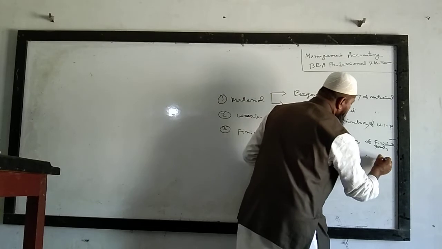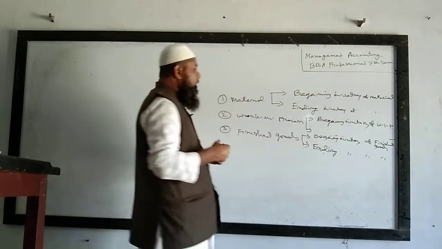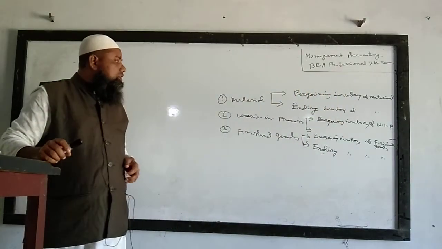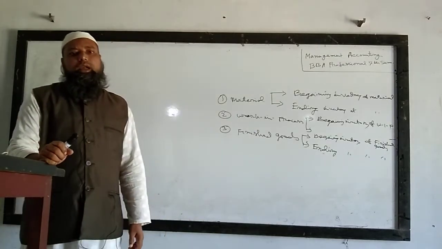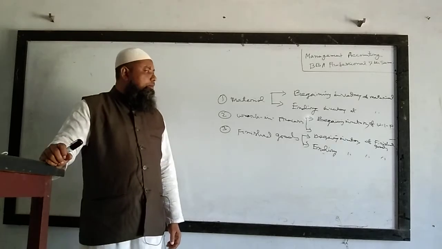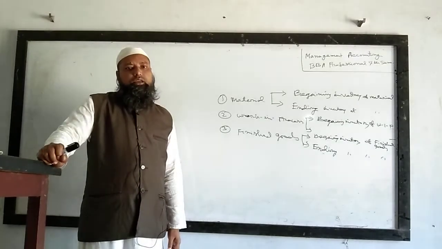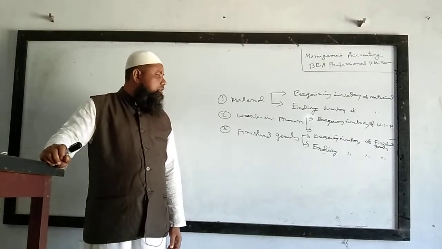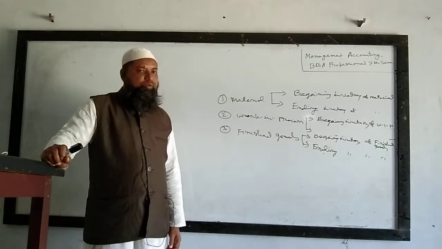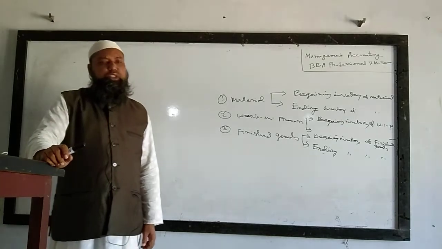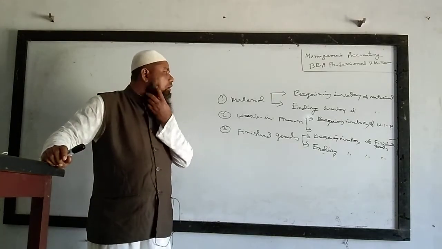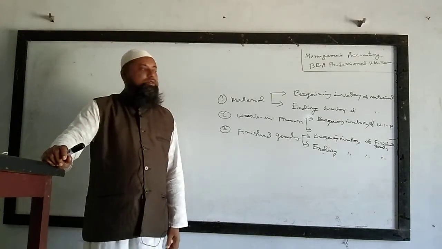Finished goods on hand at the beginning of the accounting period is called beginning inventory of finished goods, and finished goods on hand at the end of the accounting period is called ending inventory of finished goods.